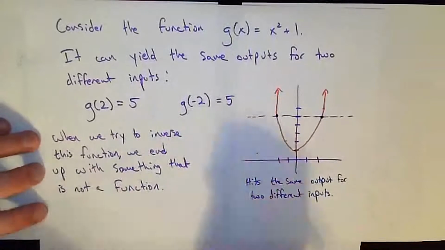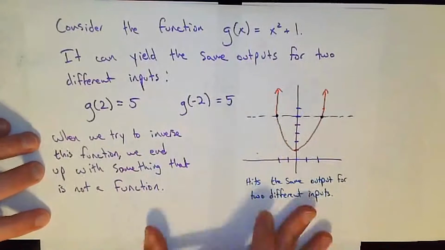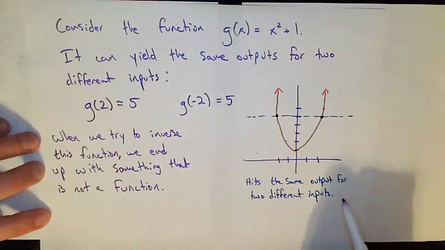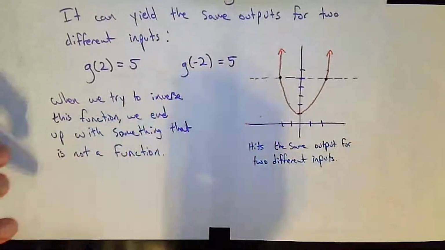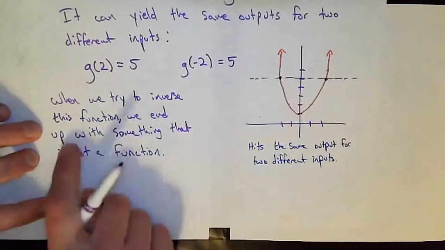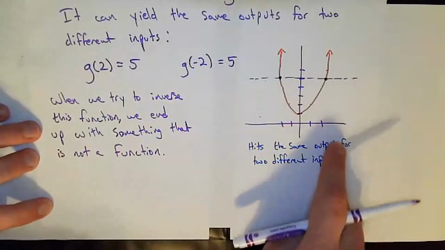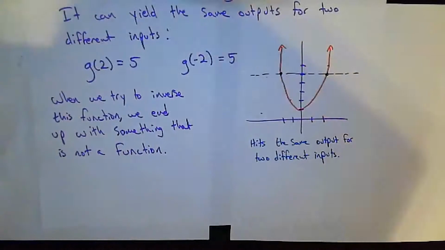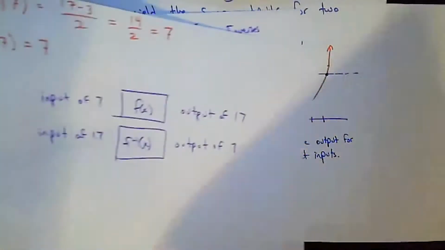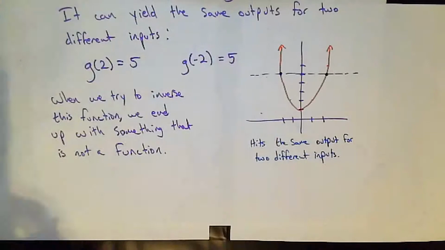Why do we end up with something that's not a function? A function is allowed to do this. This is okay. A function can hit the same output for 2 different inputs. But when I try to invert it, my inputs and outputs are swapping, right? That's what an inverse function does. We haven't totally defined it, but back here, this little picture shows the inputs and outputs swapping for an inverse function.